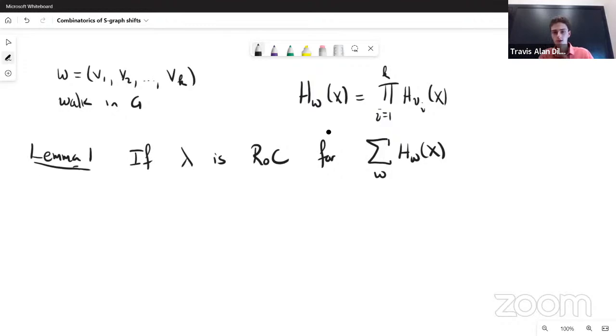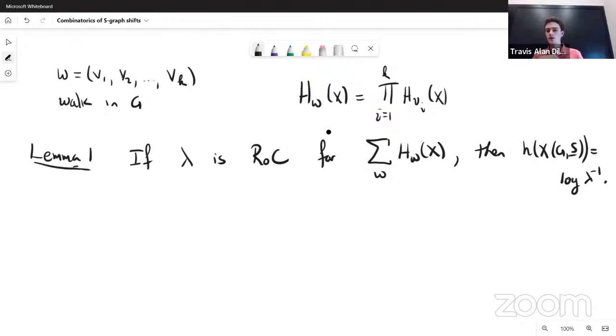So this is a power series where it's summing over all the walks in the graph. Then the entropy of the shift space is log lambda inverse. To be clear, this is some sort of monstrous power series.